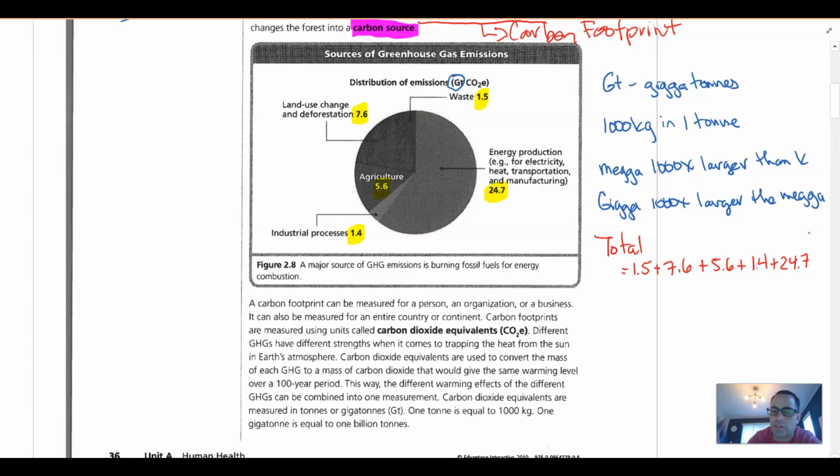I'll get my little calculator here. Some of you could probably do this in your head, and I probably should be doing it in my head. 5.6 plus 1.4 plus 24.7. I got everything in there. Yeah, 40.8 gigatons.